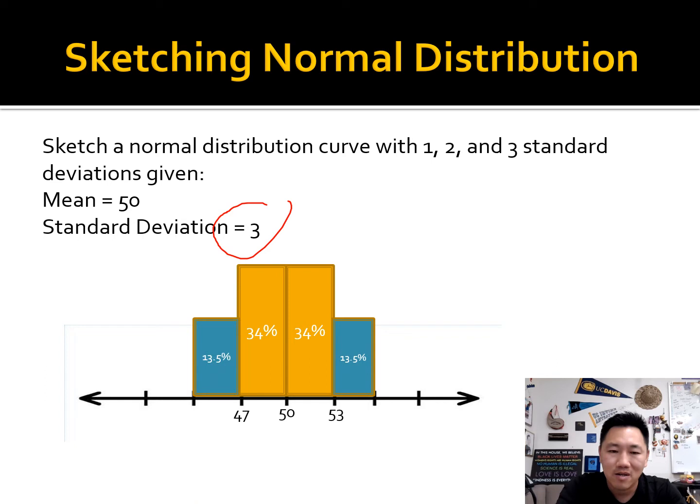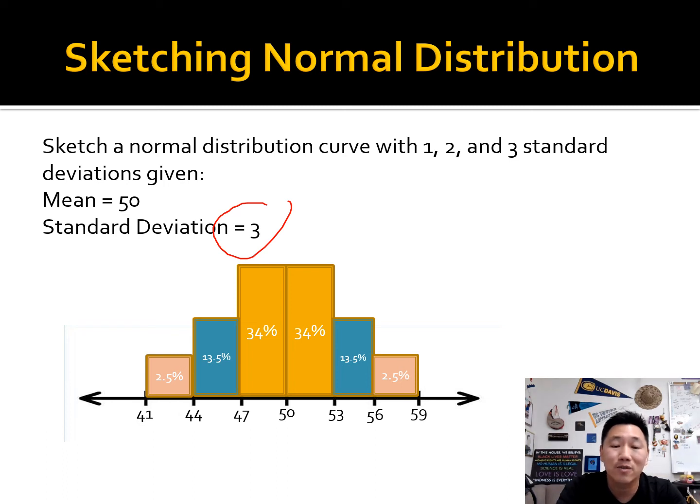Next part, it's about 13.5%. If we go 3 more up, it's at 56. 3 more down, it's at 44. That is now 2 standard deviations away. And then the last part, the 2.5%, if we go 1 more up, we end at 59. 1 more down, we end at 41.